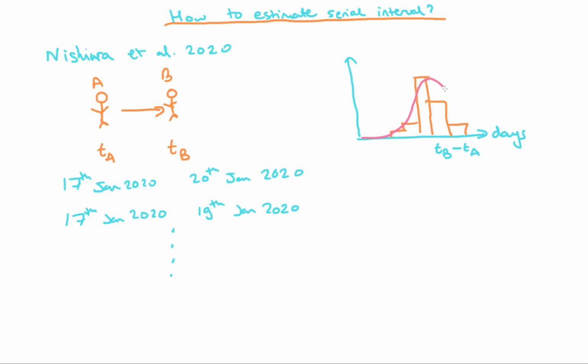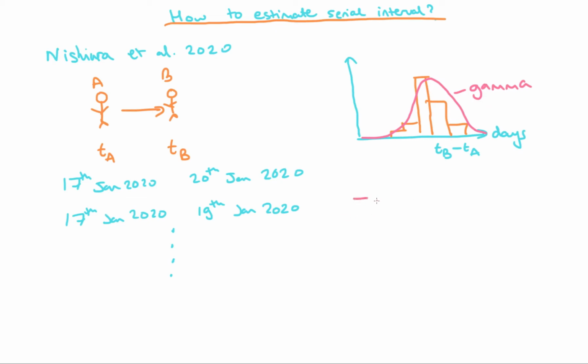So we might fit a curve that is, let's say, a gamma distribution, but lots of other distributions are also feasible here. By fitting a probability distribution to these data, that distribution then acts as our serial interval distribution. So that's the basics of how you estimate a serial interval, but there are some complexities.